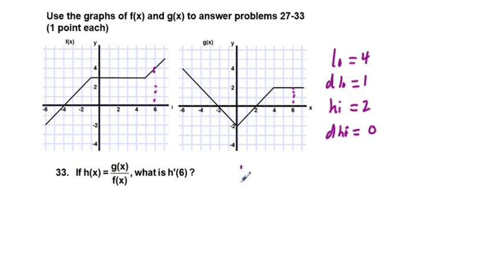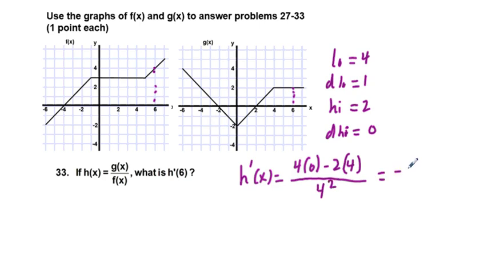So h prime of x is equal to low times the derivative of the high. Well, low is going to be 4 times the derivative of the high, which is 0, minus high, and high is 2, times the derivative of the low, which is 1, and all over low squared, and low is 4, so we have 4 squared.